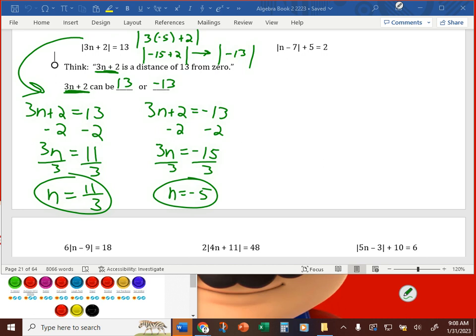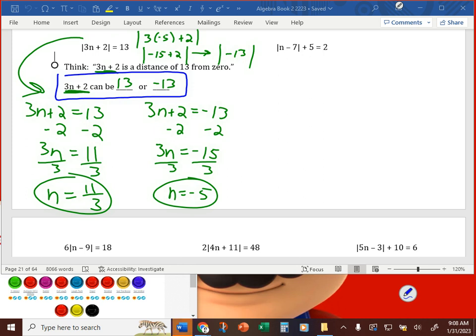Nick, I'm confused on the equations. Are you asking where we get these equations from? Okay, so back up here. Do you understand where this thought comes from? Do you understand what absolute value means? Okay, the distance from 0, right?